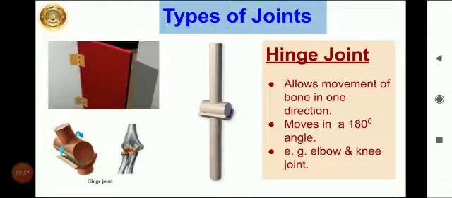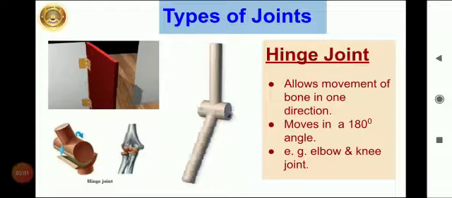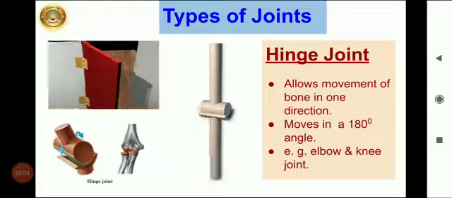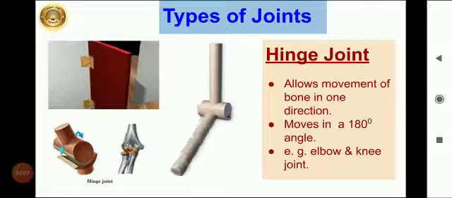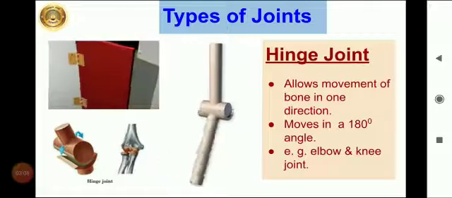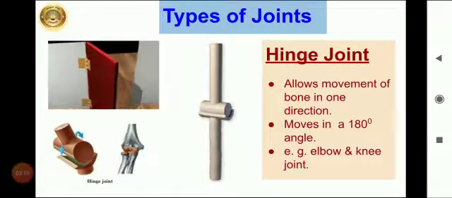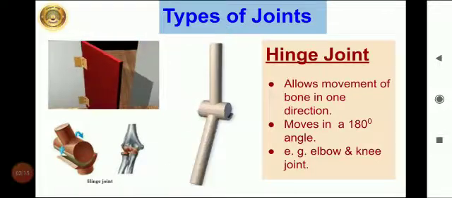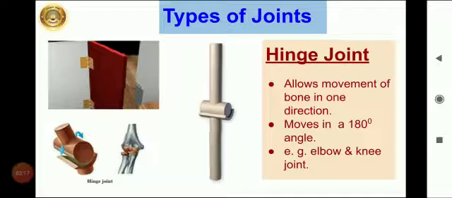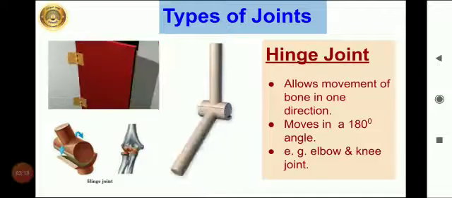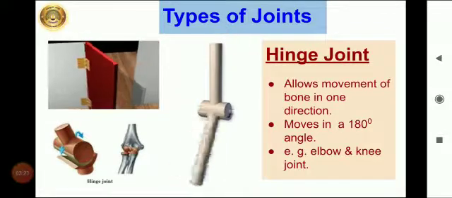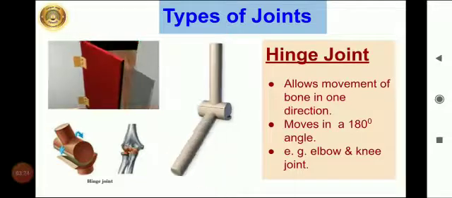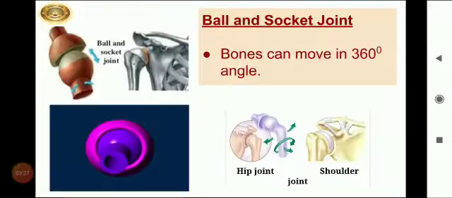Here you can see in the picture the movement of the door is only in one direction, and that is because of hinges, the yellow or golden colored part. The same movement is allowed in the body through this type of joint. It moves in a 180-degree angle. Examples of hinge joints are the elbow and knee joints.